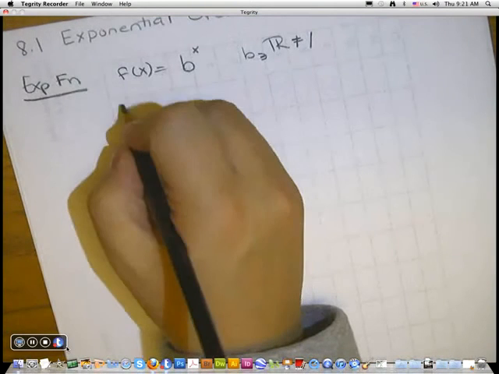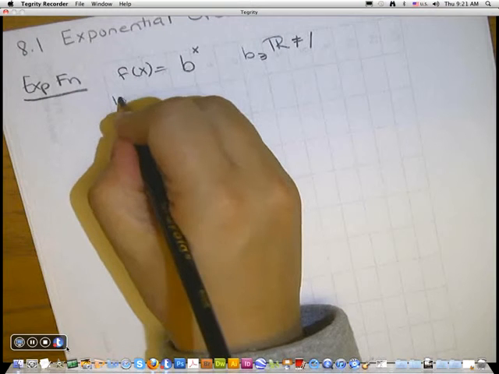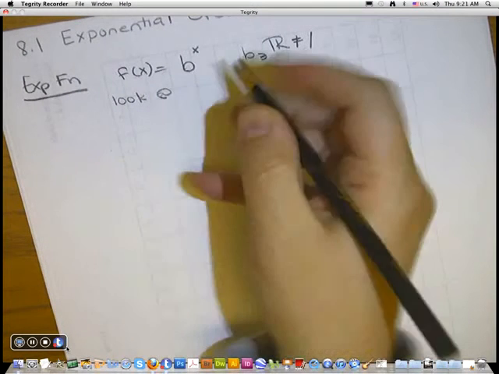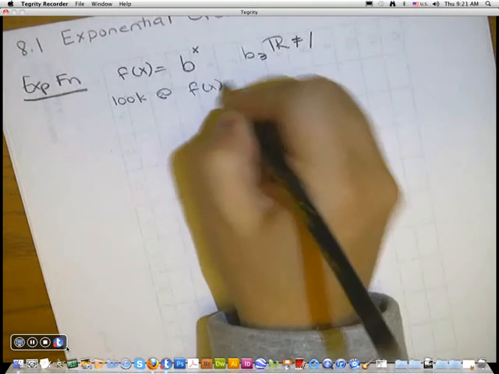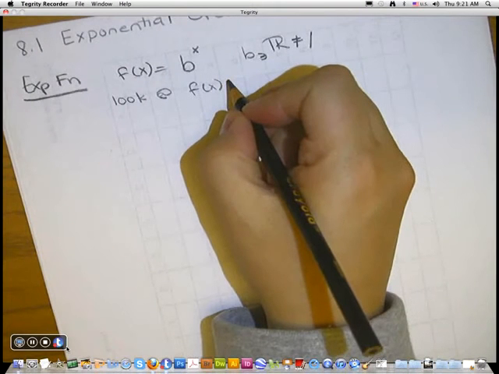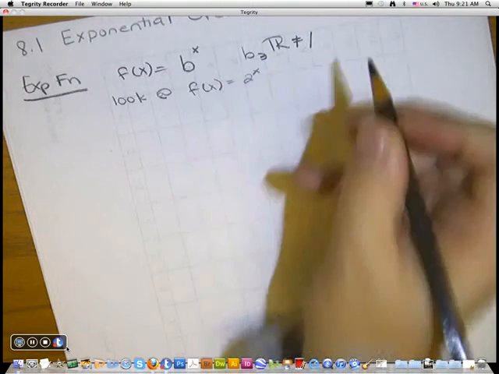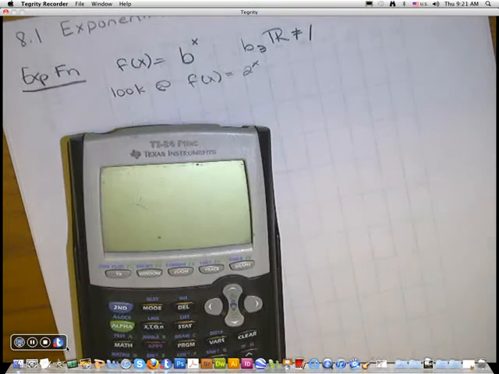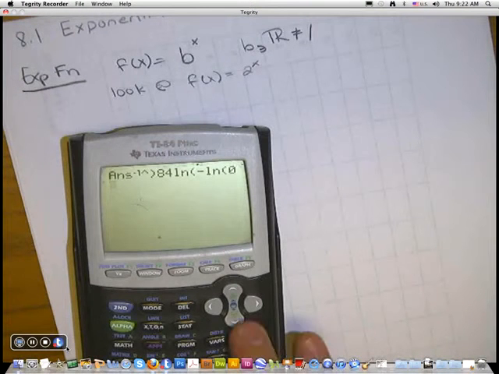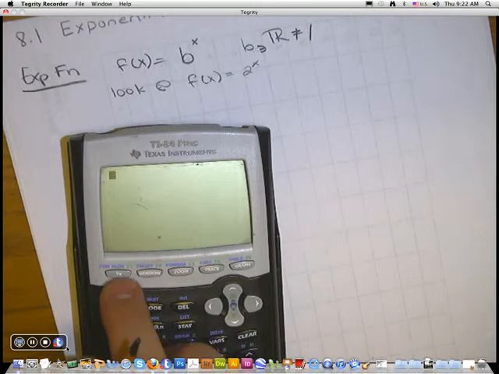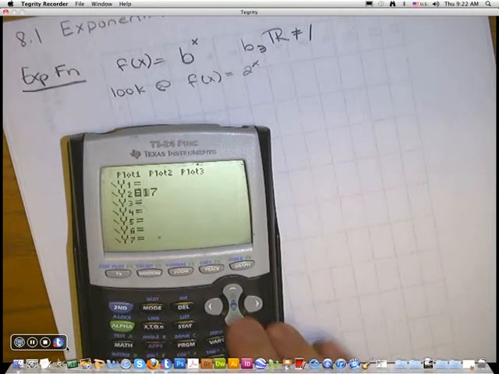Alright, we're going to look at, in our calculator, what these functions do. So we're going to look at the function 2 to the x in the calculator. So in your calculator, under y equals, clear out anything that happens to be there.